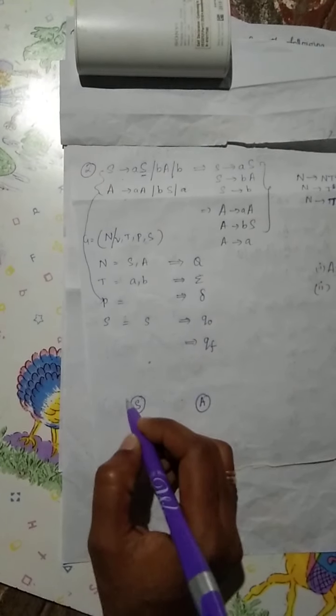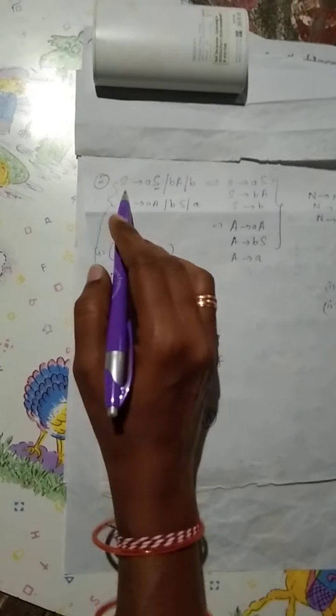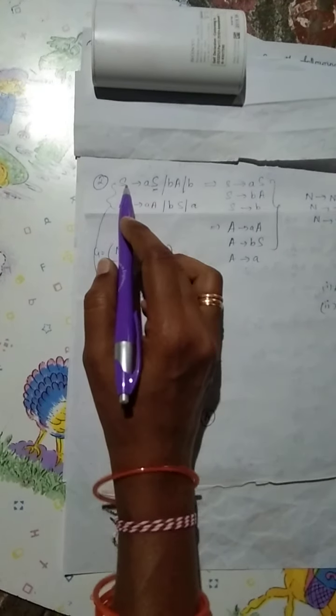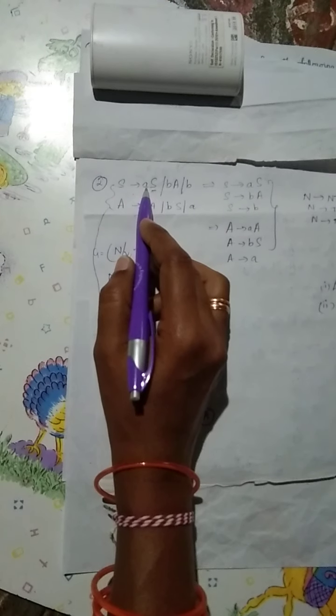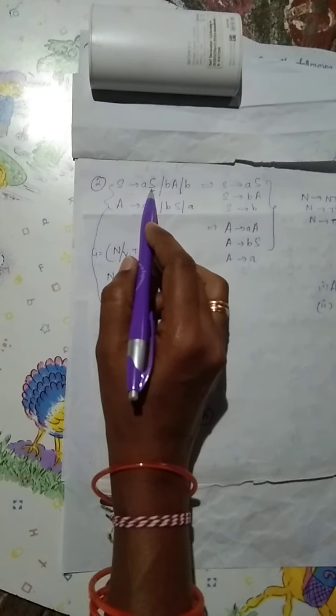So we have to take S and A, the non-terminals, as states here. And S, the starting symbol, is the initial state in your automata. What is the first production? S tends to aS, means a transition starts from S and ends at S only, so we have to take a loop here.